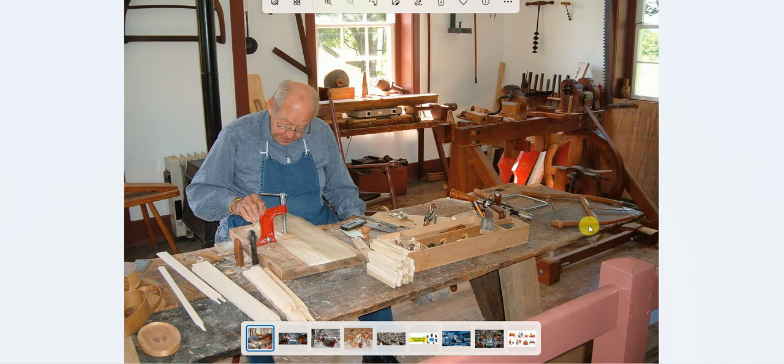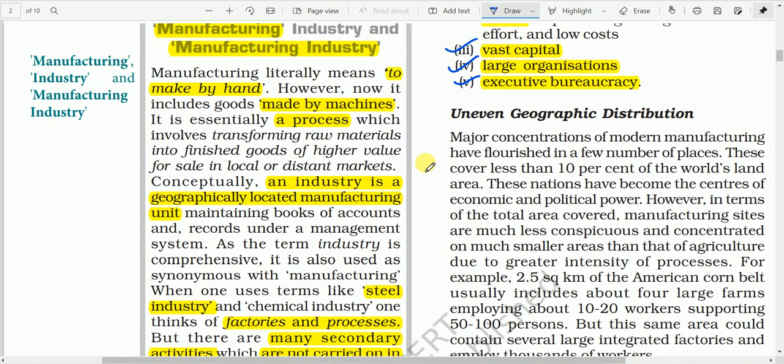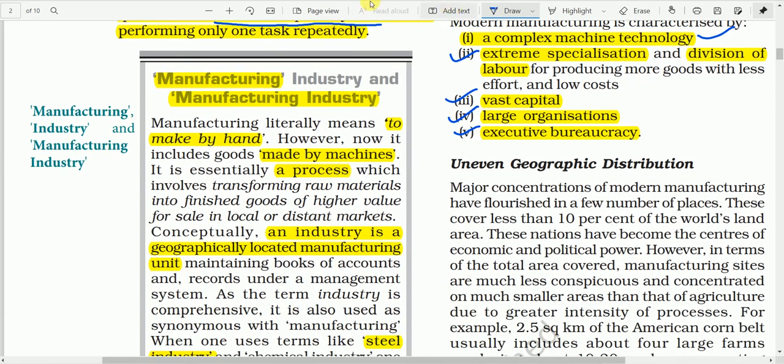So manufacturing ranges from making such things to the large scale one that we have seen. Up to here, any question, boys and girls? No, sir. Okay.